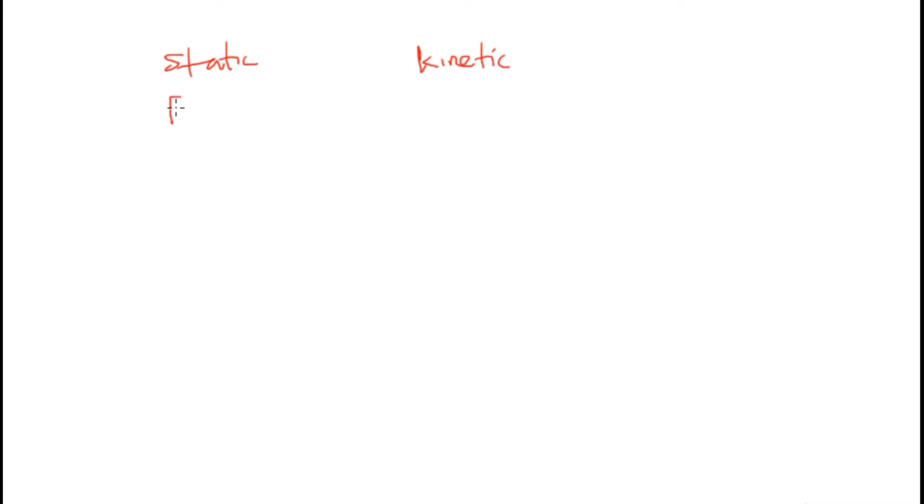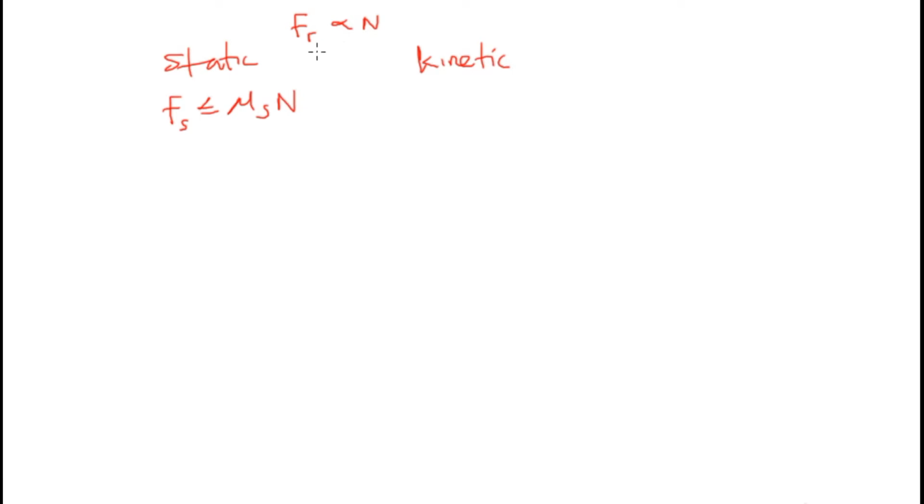So its formula is given as this: the static friction is less than or equal to mu s, the coefficient of static friction, times the normal reaction. Ordinarily, frictional force is proportional to normal reaction.